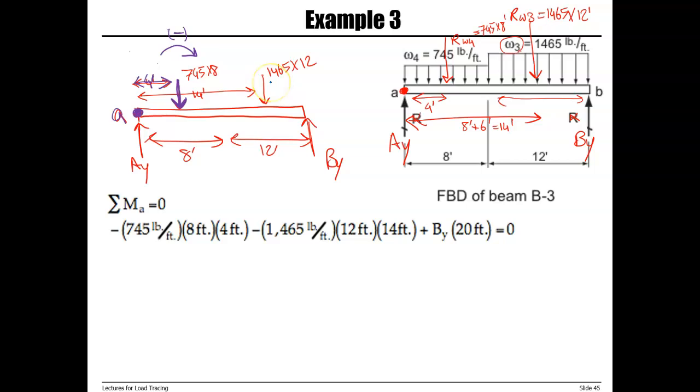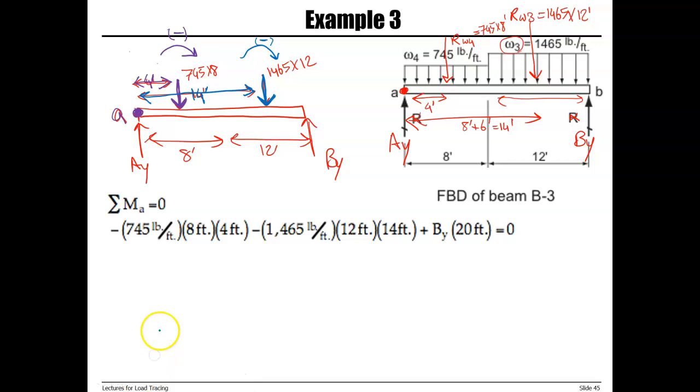Then we have the resultant of W3. This is the resultant of W3, and the distance from point A is 14 feet. This one also, around point A, will have a clockwise moment.